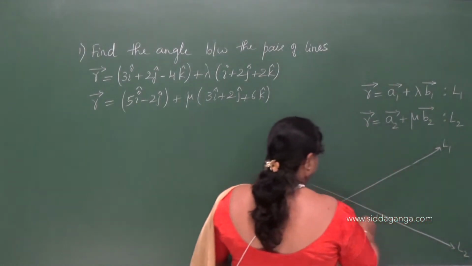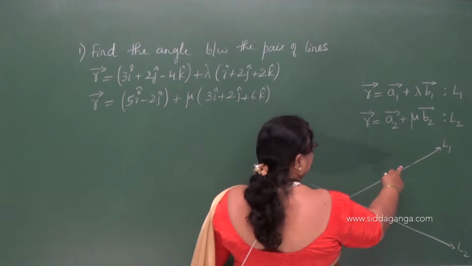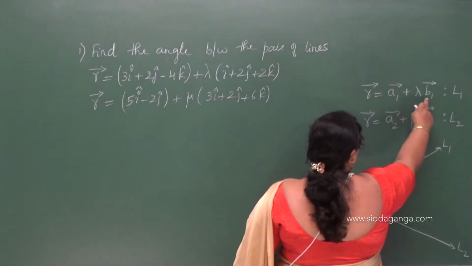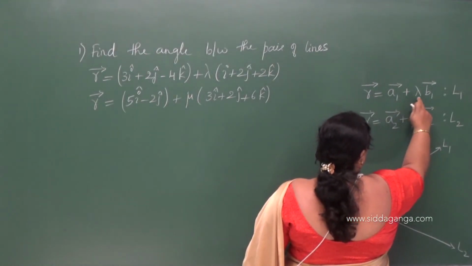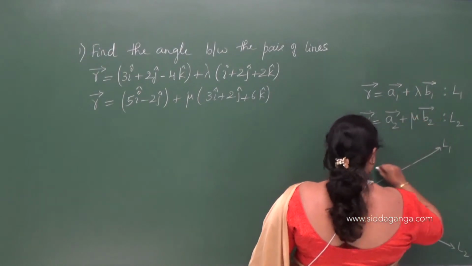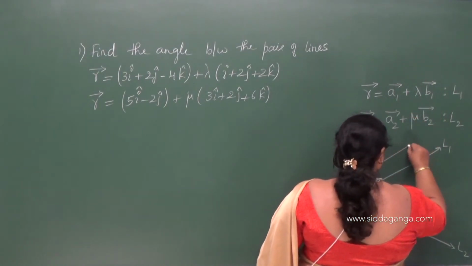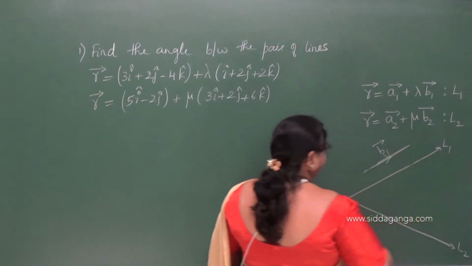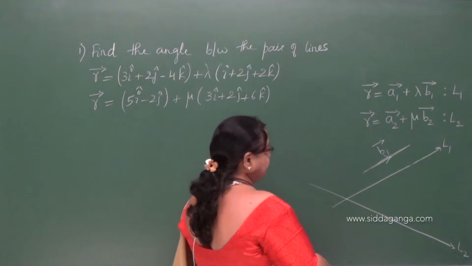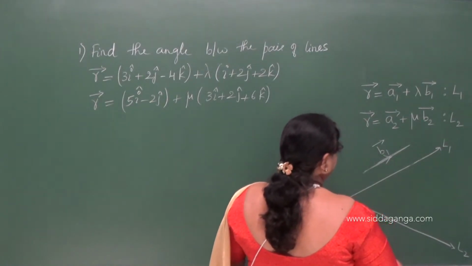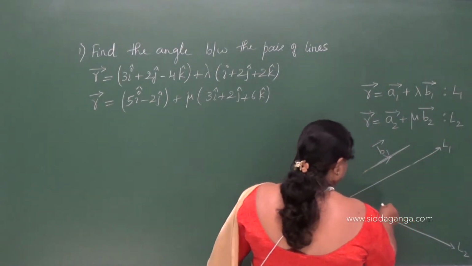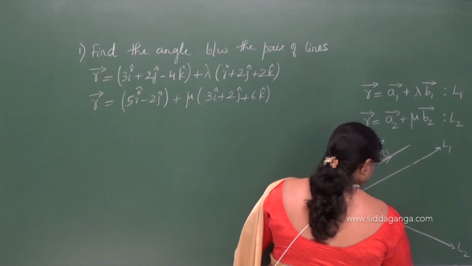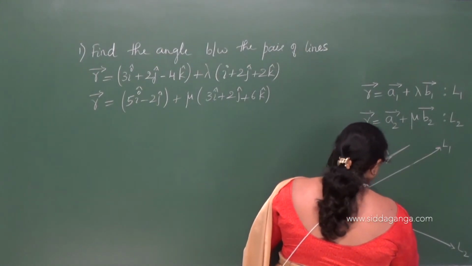We know that the line L1 is parallel to vector b1. This is vector b1. The L2 line is parallel to vector b2, whether you draw it below or above.